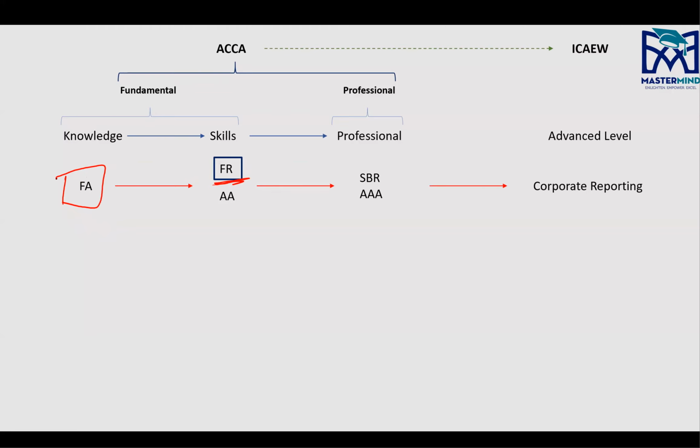You know the basics of accounting, but this decides where you're headed with respect to the field of reporting, basically, right? If you want to be an auditor, for example, in the Big Four, if you want to be part of a corporate reporting department of an MNC, right? FR decides where you're headed.